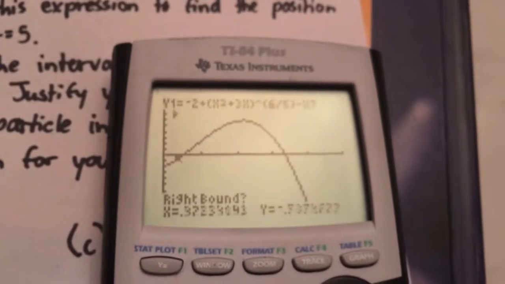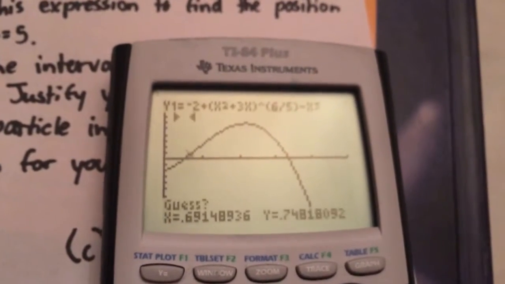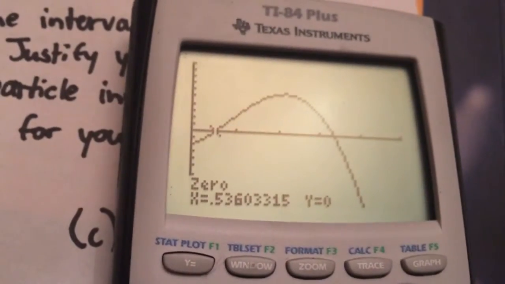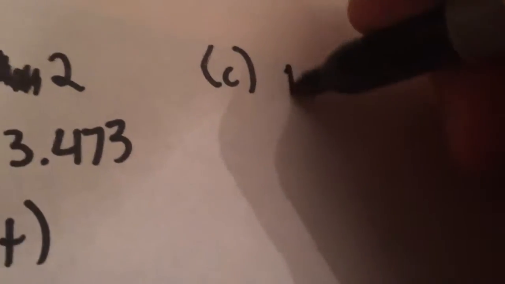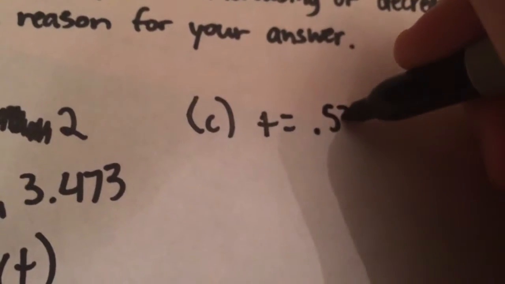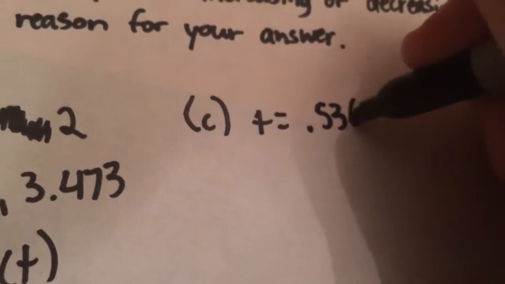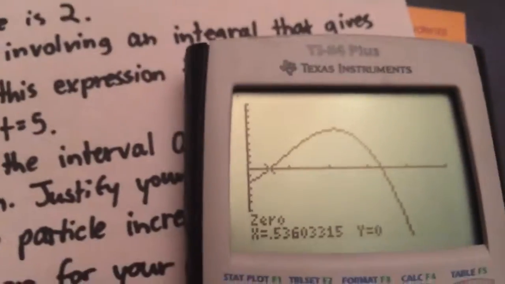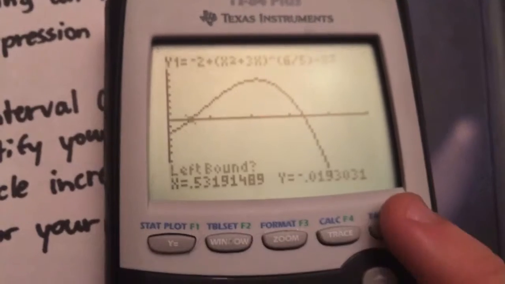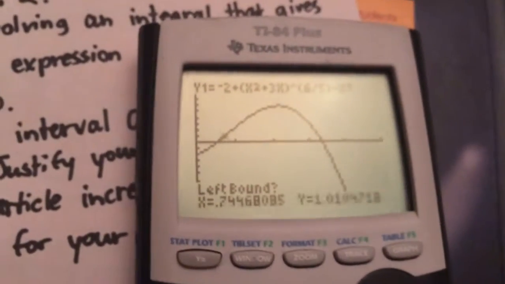Alrighty, and I'm going to go over here. Alright, we get x equals 0.536. Let's set that as one of our values here. T equals 0.536. That's where it changes from negative to positive. Next, we have to find later in the graph where it changes from positive to negative.